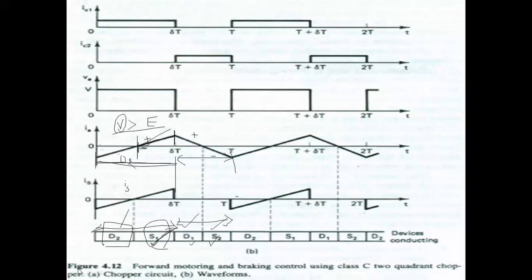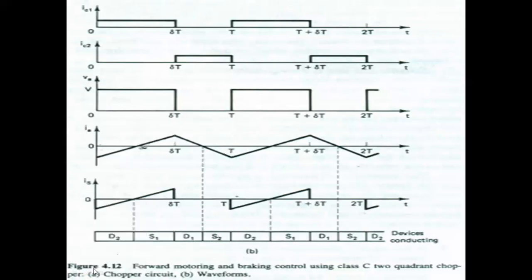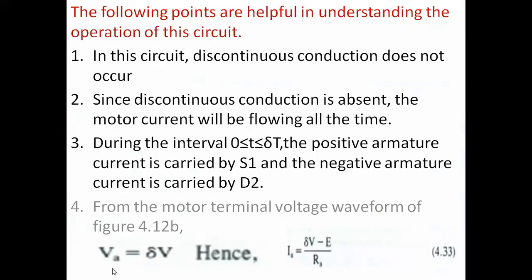From all these assumptions, from the waveforms, I can say that the motor terminal voltage VA is equal to delta V. So from this VA, I can write IA is equal to (delta V minus E) by RA.